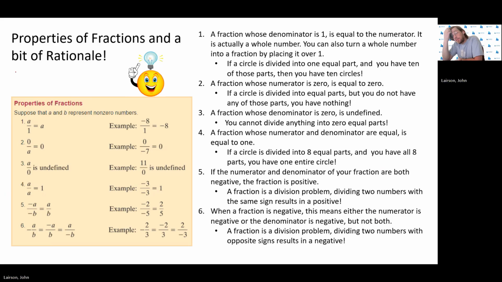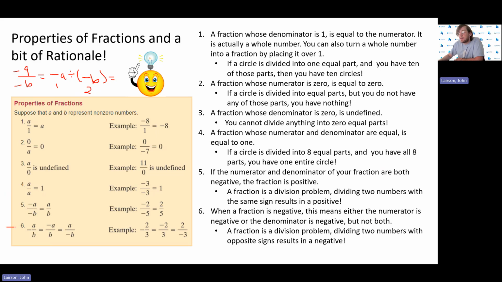So if we remember that, negative A over negative B, if I remember that fractions are just division, it's negative A divided by negative B. There are 2 negative signs, 1 and 2. So this is going to be a positive number. So if there's a negative sign in the top and bottom of a fraction, you can just get rid of them. It's going to be a positive number, A over B.